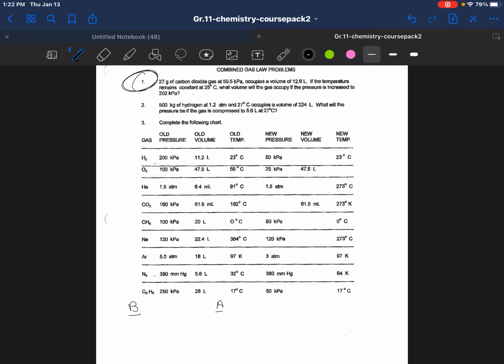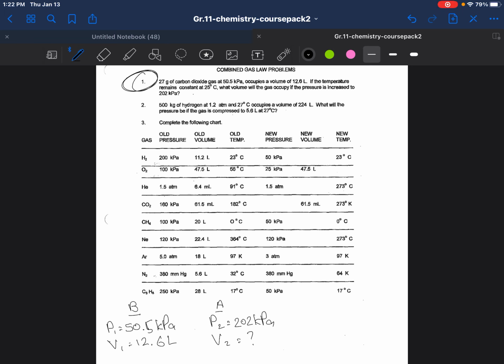You have initial pressure being 50.5 kilopascal and the final pressure being 202 kilopascal. Remember, if these are not kilopascal, or they're not the same, you need to make them the same. I've shown you already exactly what the conversion was. Initial volume, 12.6 liters, and final volume is something that I'm interested in knowing.